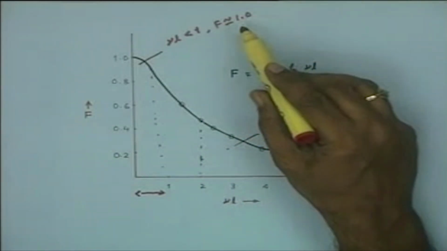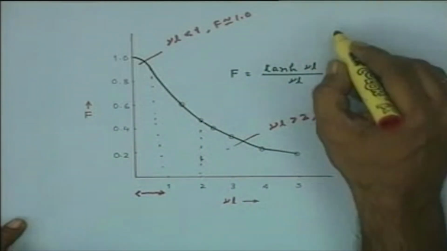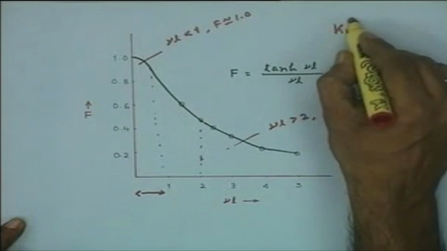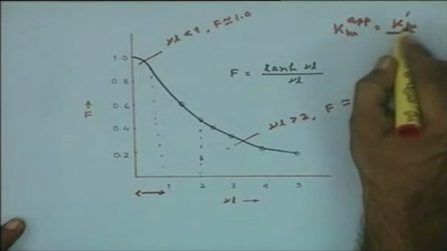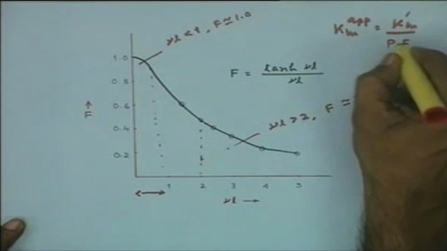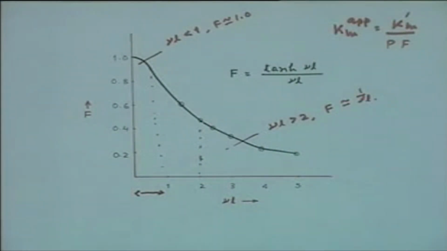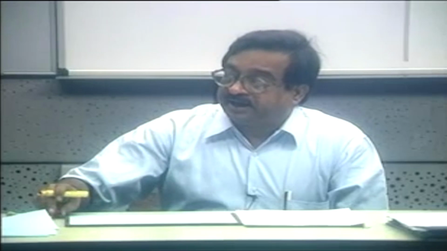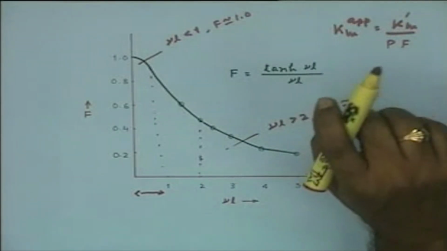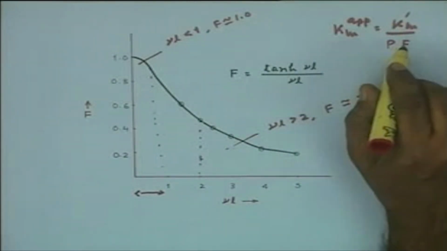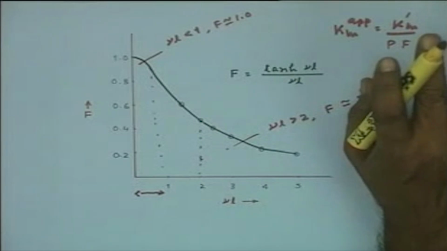F is equal to 1, and as we defined earlier, Km apparent was equal to K dash m upon P F, and P we have considered as a constant parameter as far as the immobilized enzyme preparation is concerned, and if F is equal to 1, that means diffusion does not play a controlling role here.